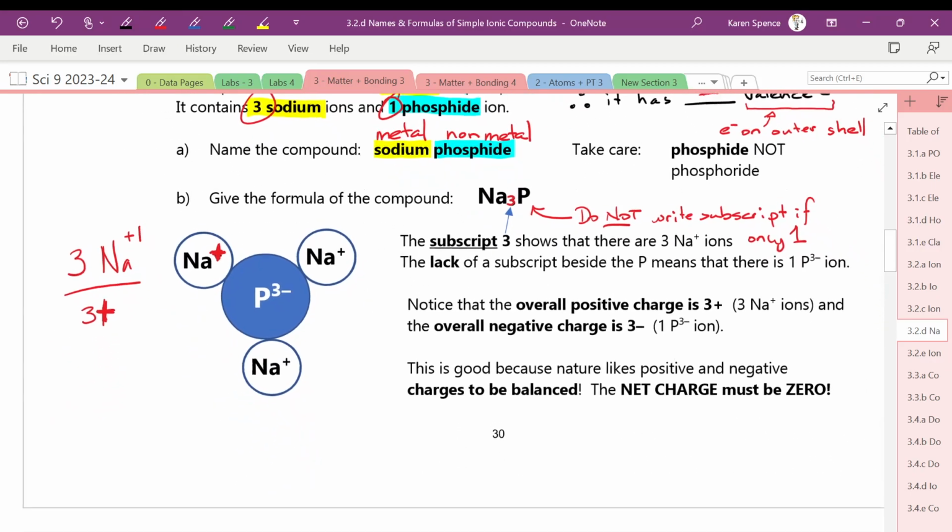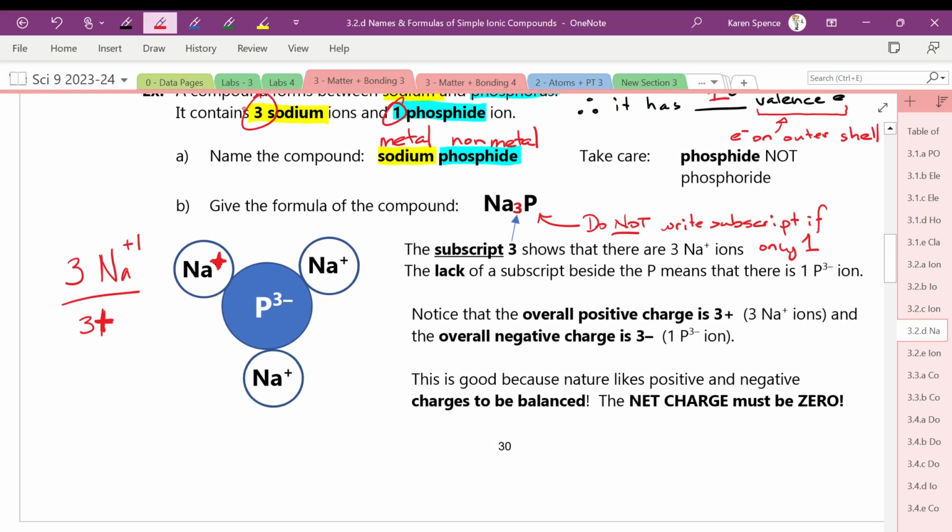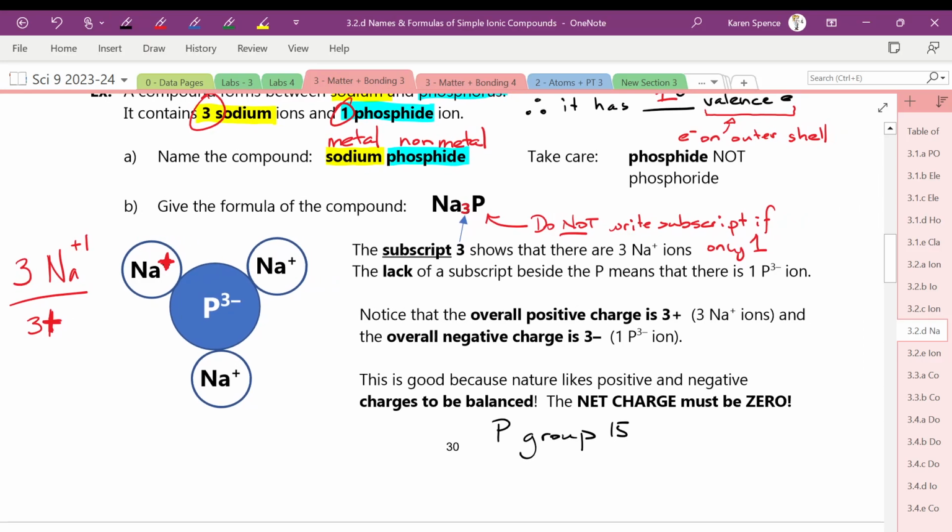So how many valence electrons does phosphorus have? Phosphorus has 5. It doesn't have 15. We always just get rid of that one at the beginning. And we say phosphorus has 5 valence electrons.